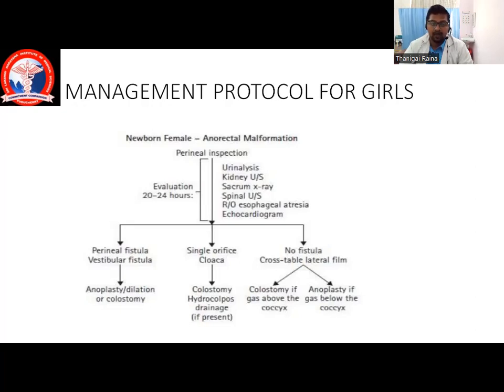Single orifice cloaca, colostomy with hydrocolpos drainage if present. No fistula on cross table: colostomy if gas is above the coccyx, or anoplasty if gas is below the coccyx. So this is the overall management for girl babies.